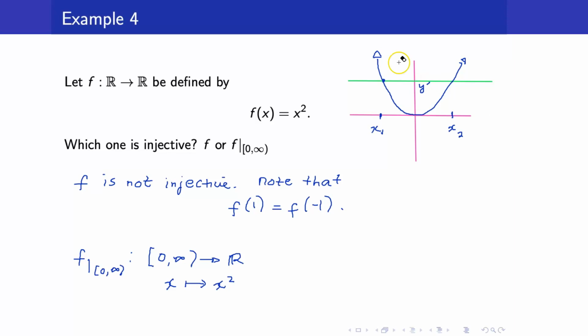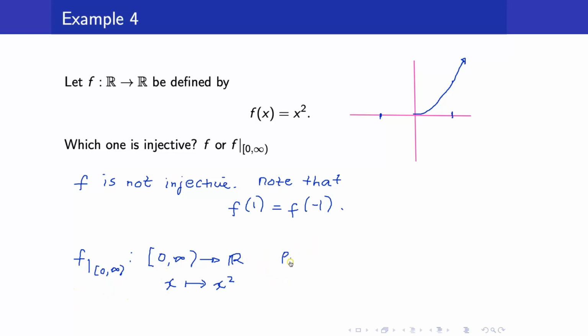Take note that if we get the graph of the restriction of f, you just have to remove the one on the negative side. So the graph would be just this one, right? And therefore, this graph is now injective. So let us really prove that this is injective.